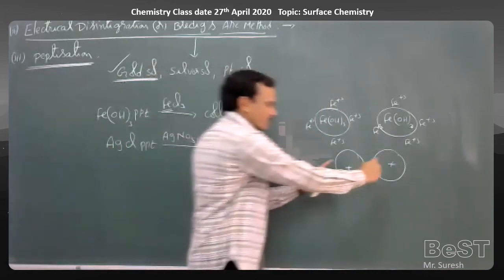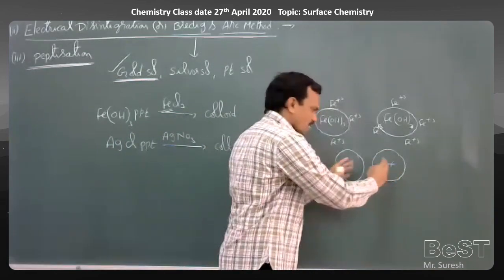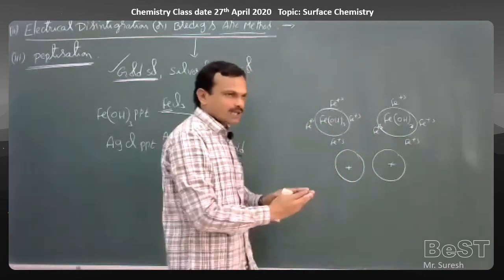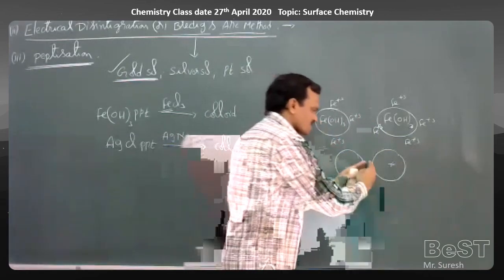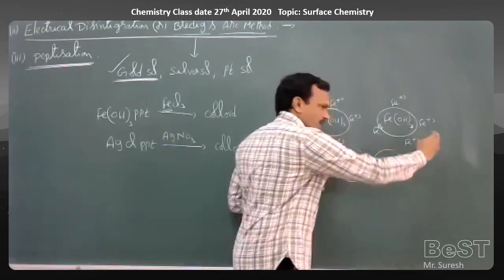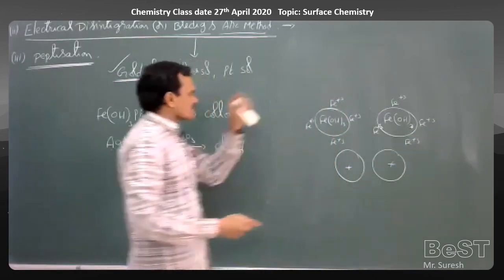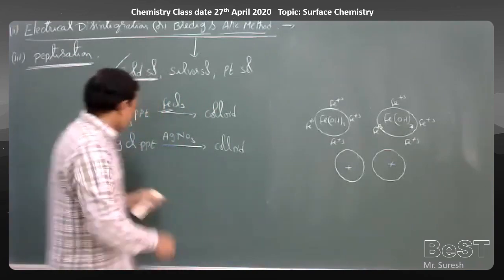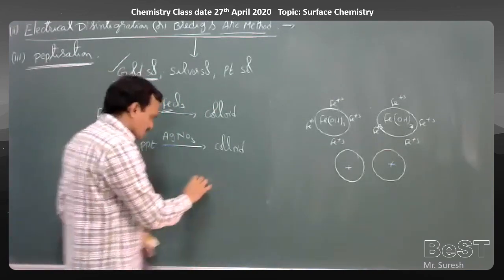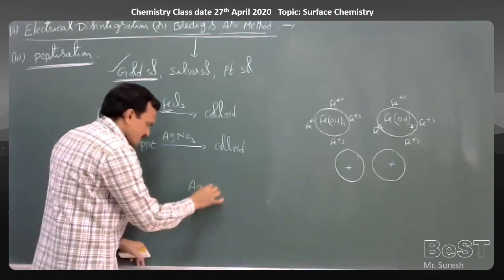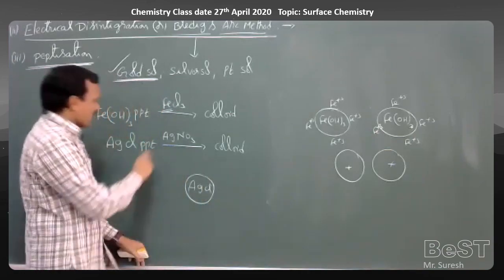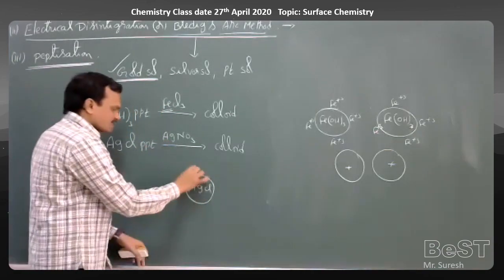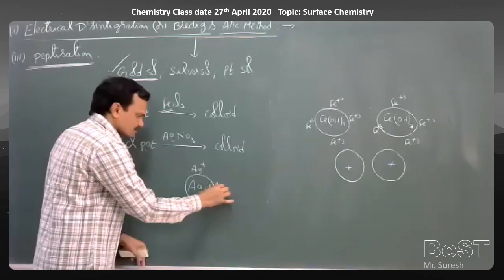Two positively charged particles repel each other. So now the precipitate will get dispersed. Means the particles get separated and dispersed as colloidal sized particles in solution. That is called peptidization. Similarly, if we take AgCl precipitate and add AgNO3, the Ag plus ions get adsorbed here.